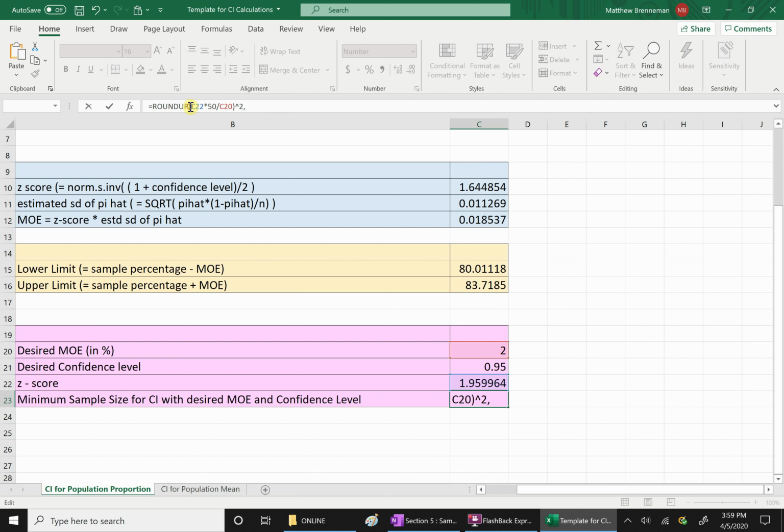Oh, because I lost my parentheses there. That's why. Yeah. Okay. And it will automatically round it up, not round it off. There's a difference, right? Rounding off takes you to the nearest ones place here. Rounding up always takes you to the next higher integer, which is what you want here.